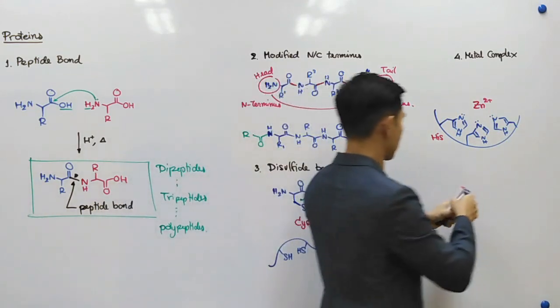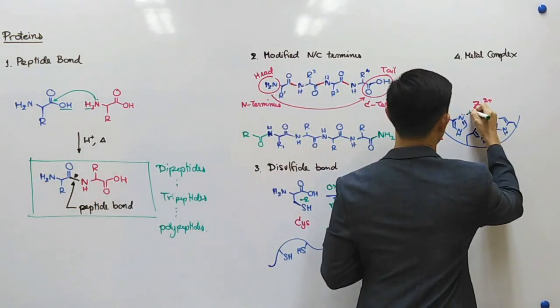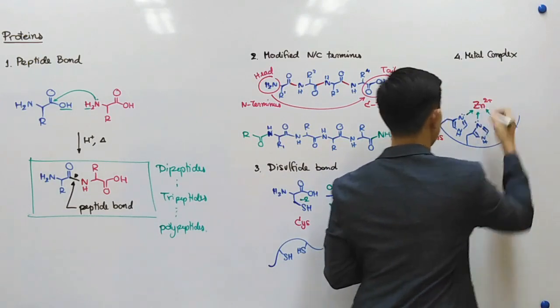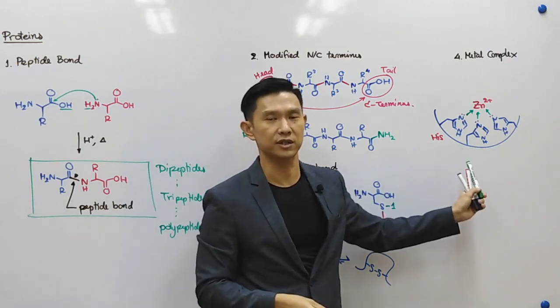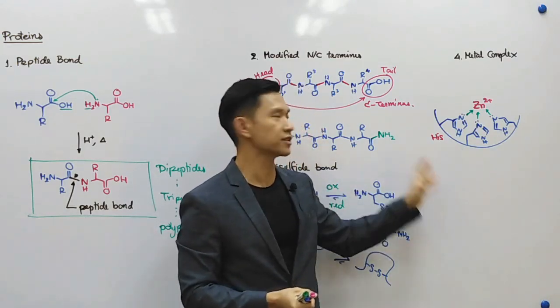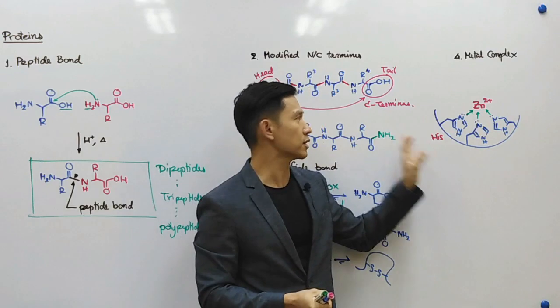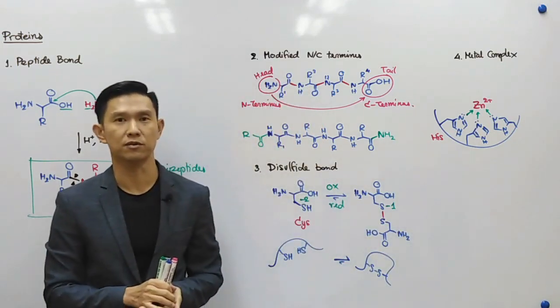After that, we can have a complex between the metal ion and the ligands here, the side chain of amino acid. So this is one of the examples of metal complexes that can be found in your proteins.